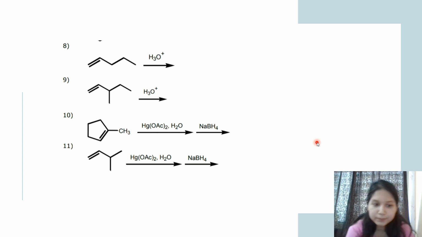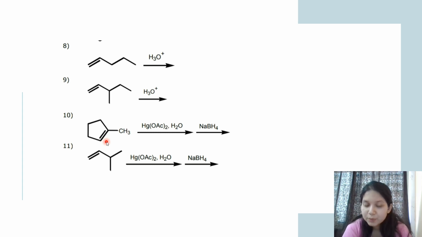After this, we are moving to question number 10. So in this question, you have to react this cyclic alkene with mercuric acetate in water, in which you will get a product, and you have to subject the product to sodium borohydride.